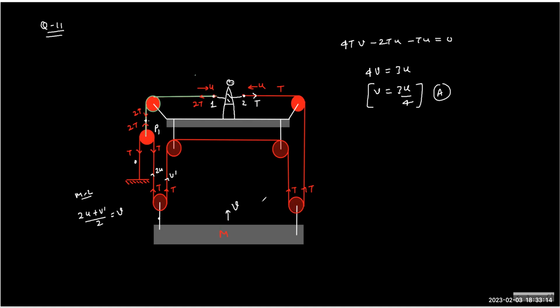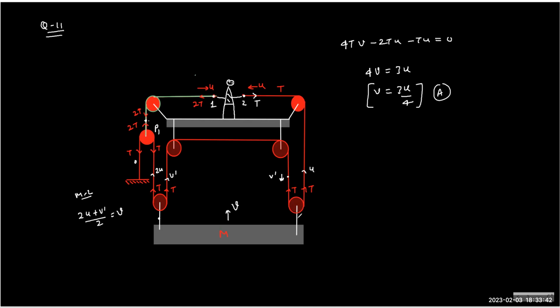And now to get V dash, that's an interesting one. This is going up with u, and if you look carefully, V dash is going this way. This will go down with V dash, right? If left goes up, then right will go down. It's the same string coming here.